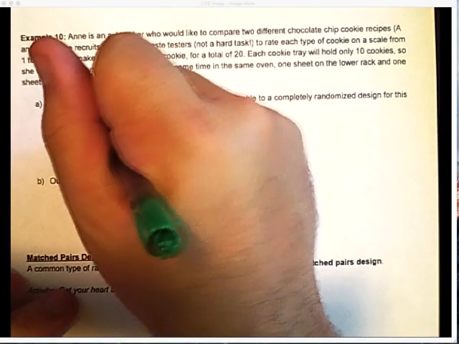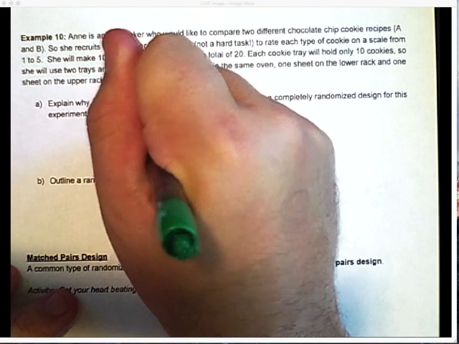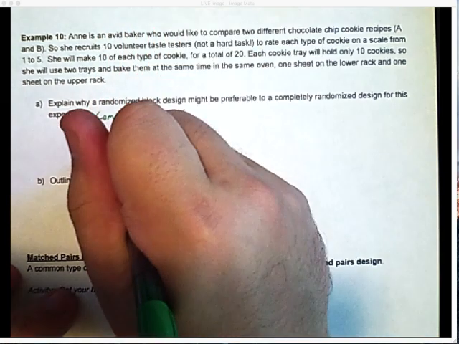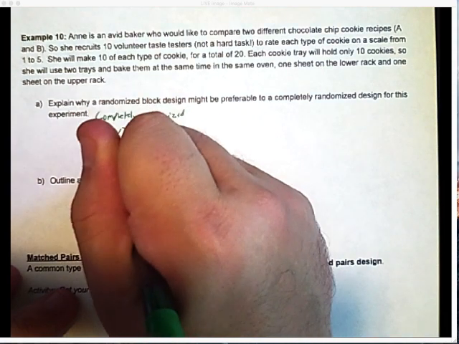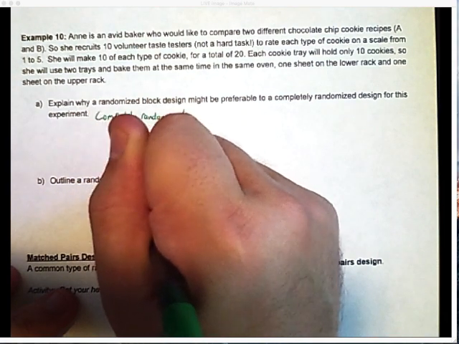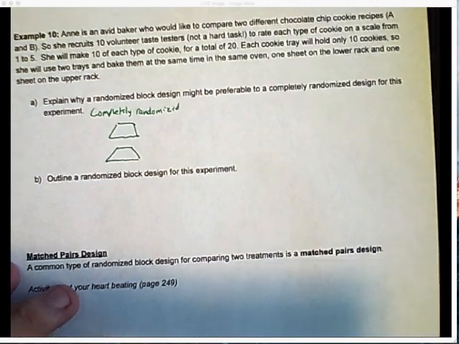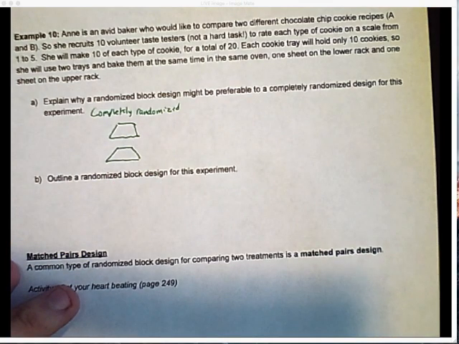So if we get completely randomized, all right, what I have is an upper sheet in the oven, and a lower sheet in the oven. I might have 20 spaces, 10 spaces on this cookie sheet and 10 spaces on this cookie sheet.